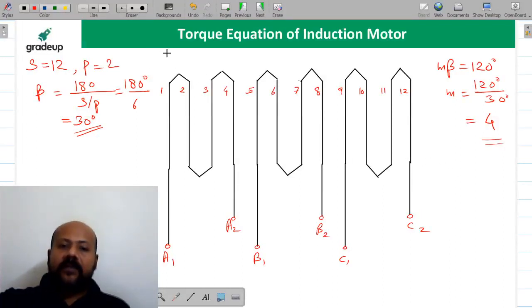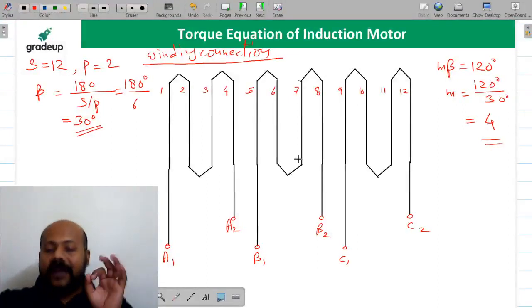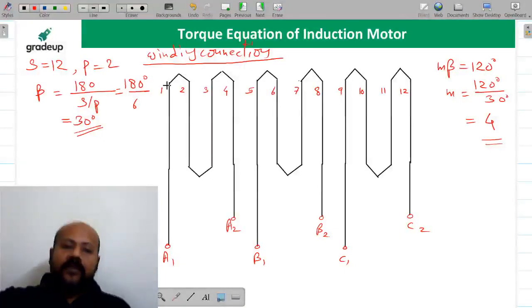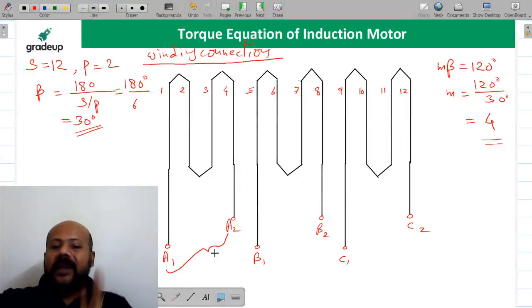So these are the winding connections for 120 degree phase spread. Now what is going to happen? Listen to me properly. We are going to connect the first slot conductor, second slot conductor, third slot conductor, fourth slot conductor. If you want to know the phase voltage between the A1 and A2 terminals, then it is going to be the phasor addition of E1, E2, E3, E4.